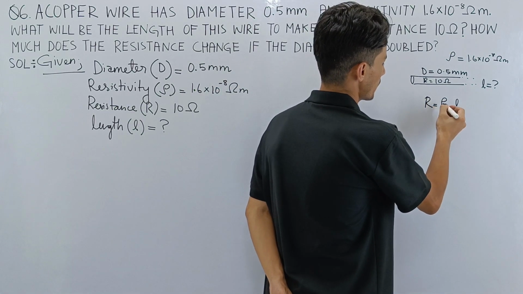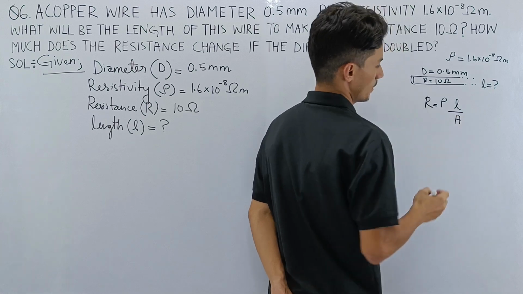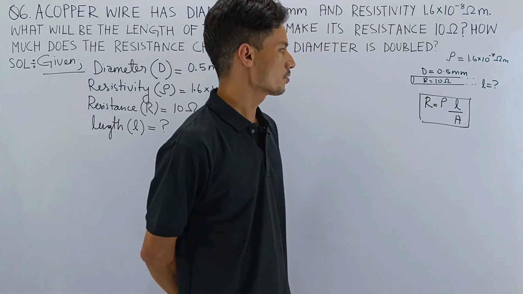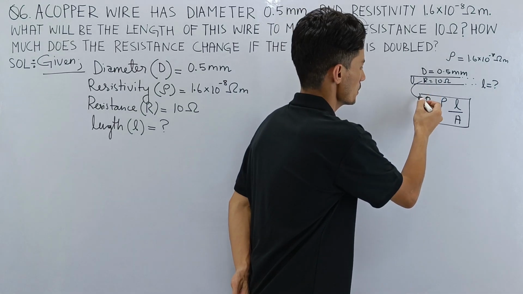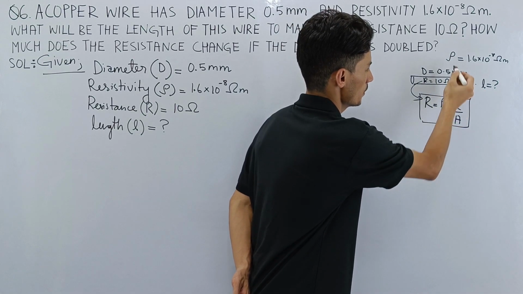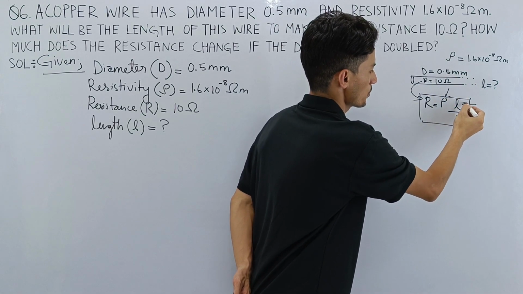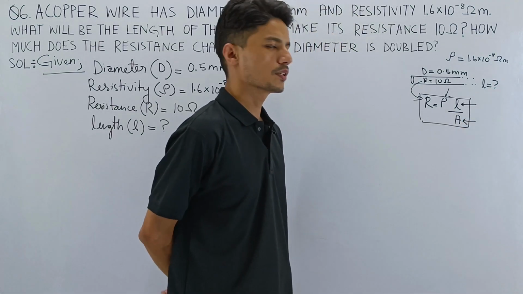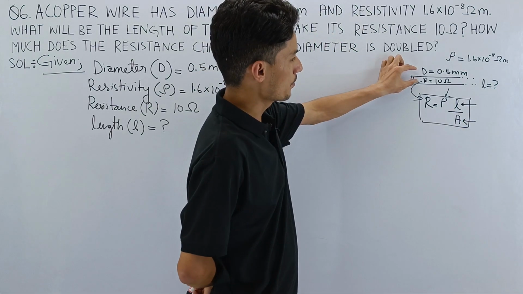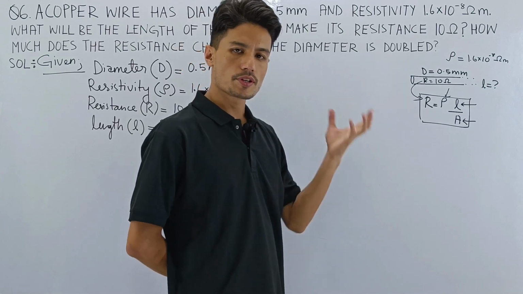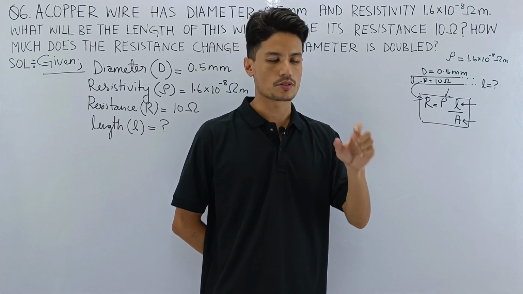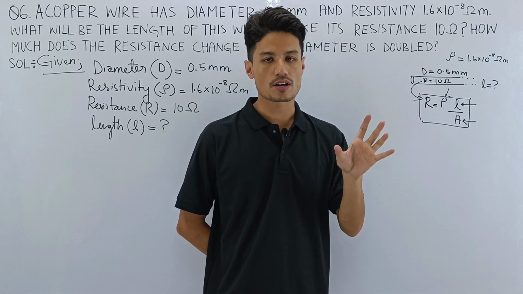So resistivity formula is rho L by A. This is the formula we'll be using, my dear students. We have resistance given to us. We have resistivity here. We have length, which we are supposed to find. And area is not there, but we can find area because diameter is provided to us. Using the diameter, we can find the area of cross section.